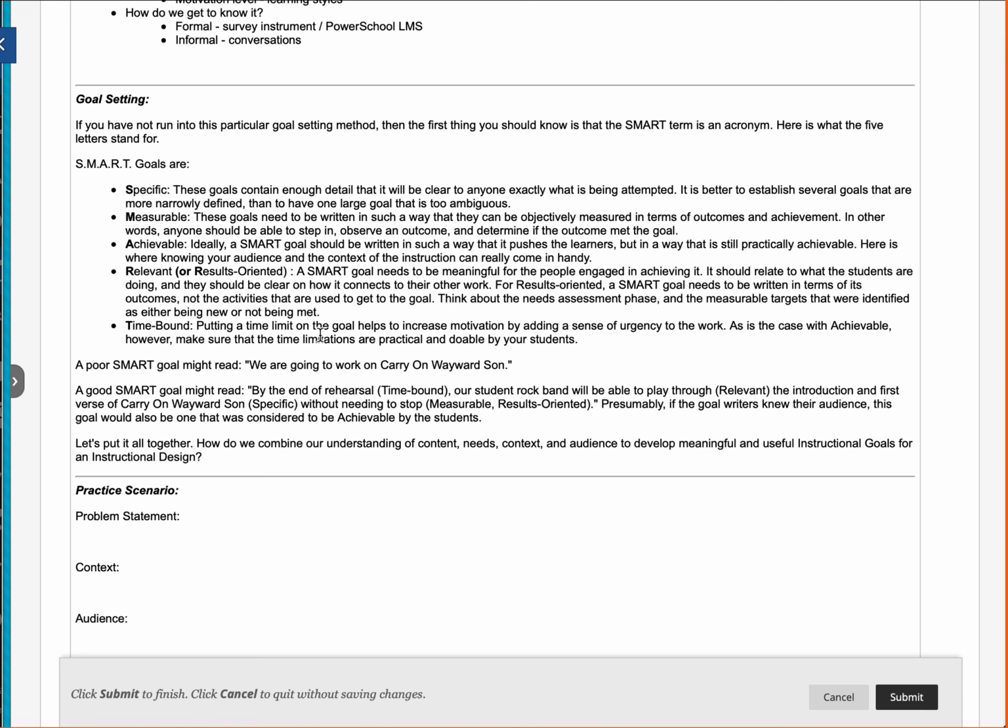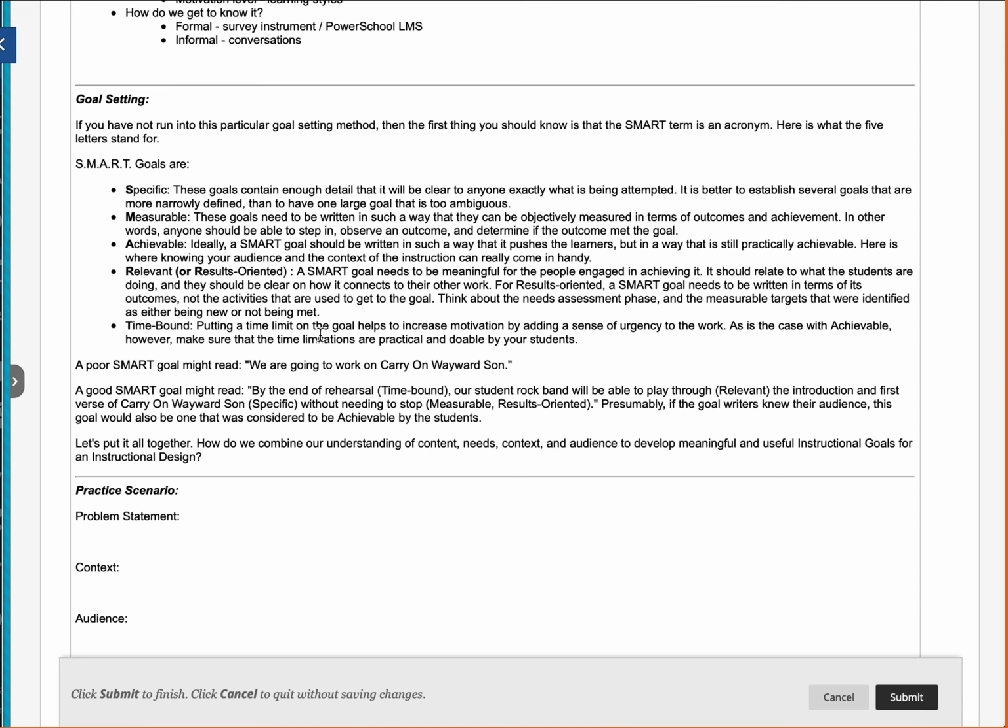A lot of that comes from my own experience. I don't know how many years ago I became familiar with the SMART goal model, but I use it in so many different contexts now and have found in pretty much every case that it is effective. The way it's structured makes it easy to get to a goal that is going to be useful.